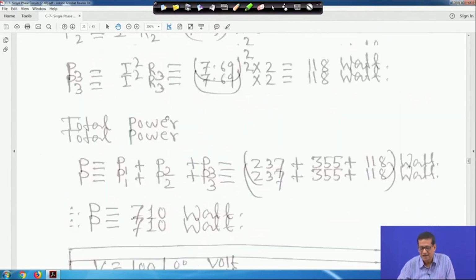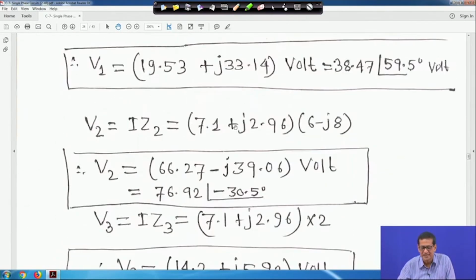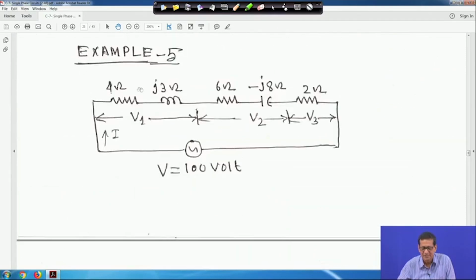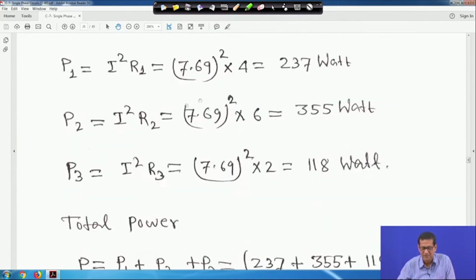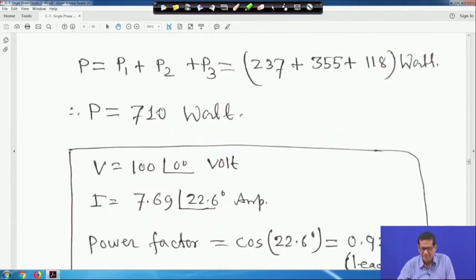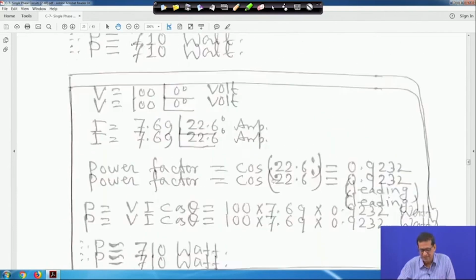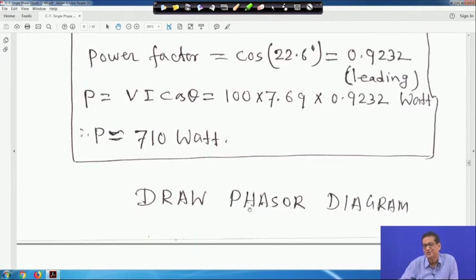And R1 is 4 ohm, R2 is 6 ohm, R3 is equal to 2 ohm, from the circuit. So, with this we calculated the power using VI cos theta.